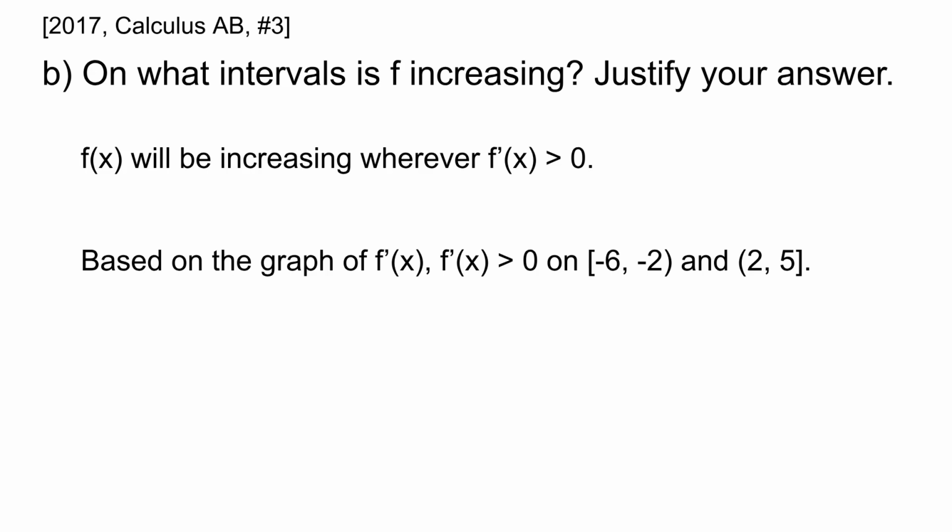Based on the graph of f prime of x that we're given, f prime of x is greater than 0 on the interval from -6 to -2, inclusive at -6, exclusive at -2, and then again from 2 to 5, exclusive at 2, inclusive at 5.